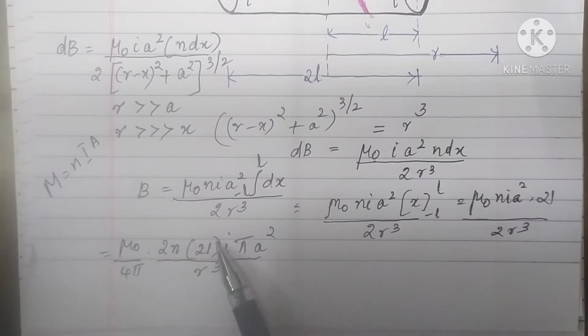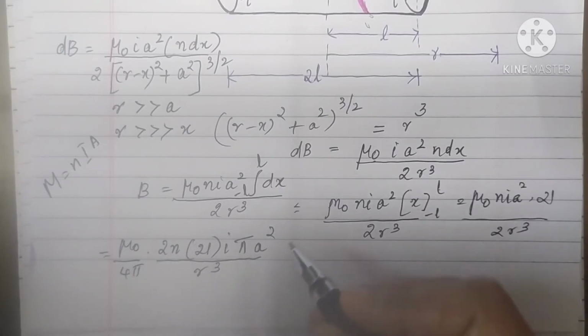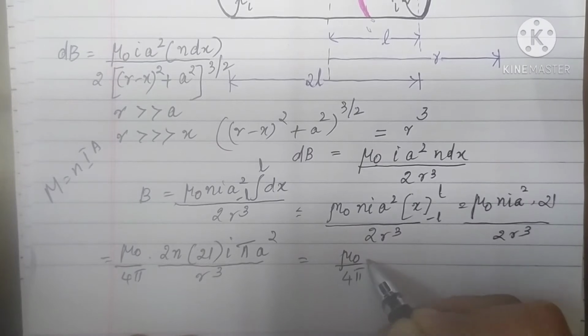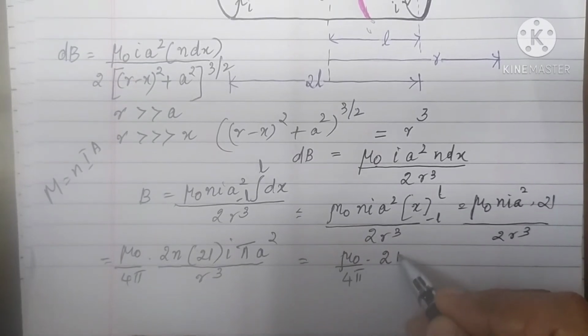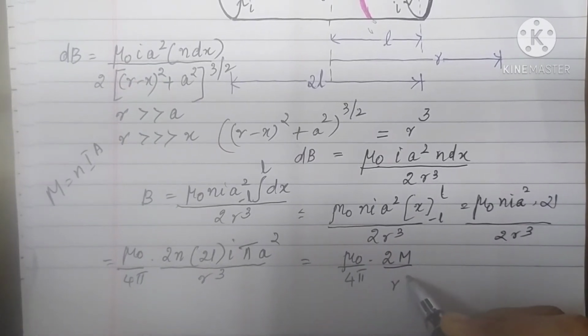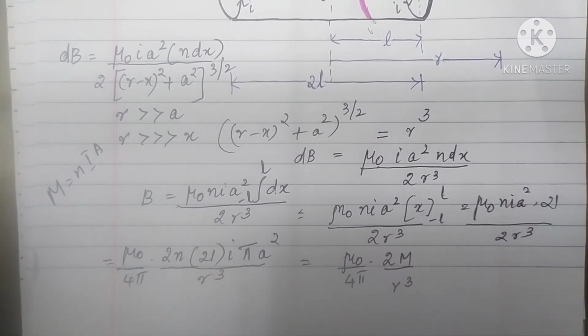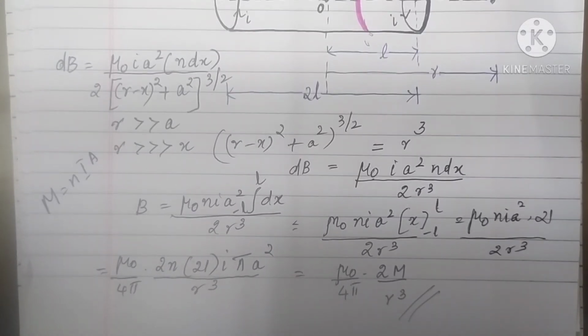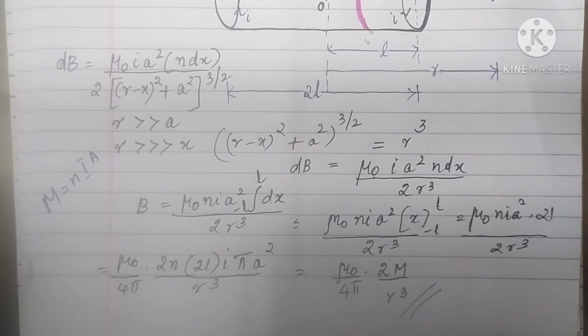So this expression can be changed to mu naught by 4 pi into 2m by r cube. Clear? 2m by r cube. So this is our final expression for the point on the axial line in a solenoid where we have calculated the magnetic field.